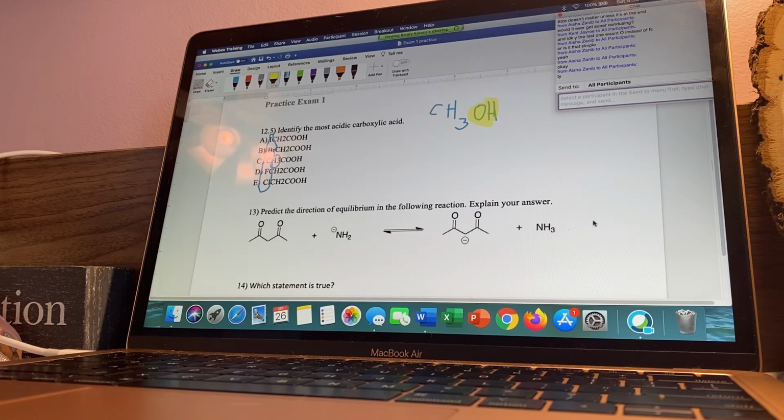So it's not going to be A, because remember, when we talk about atom, we only talk about the atom that's connected to the hydrogen. So in this case, the atom is the same.